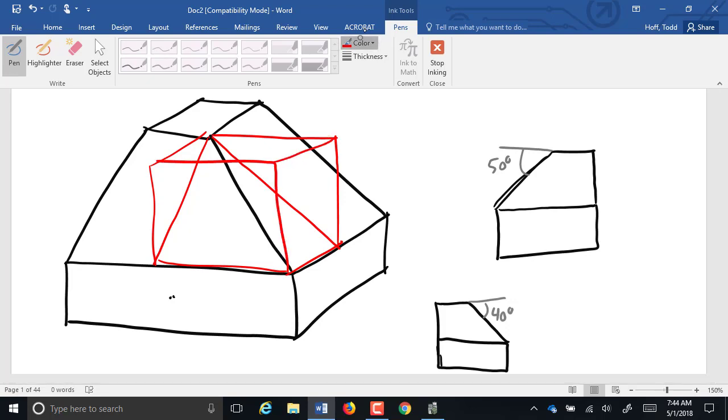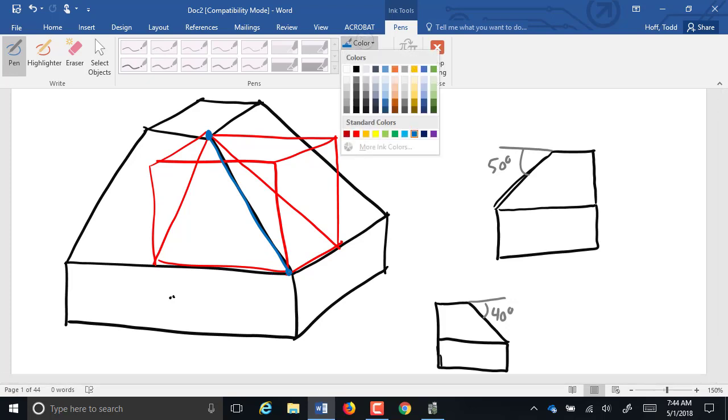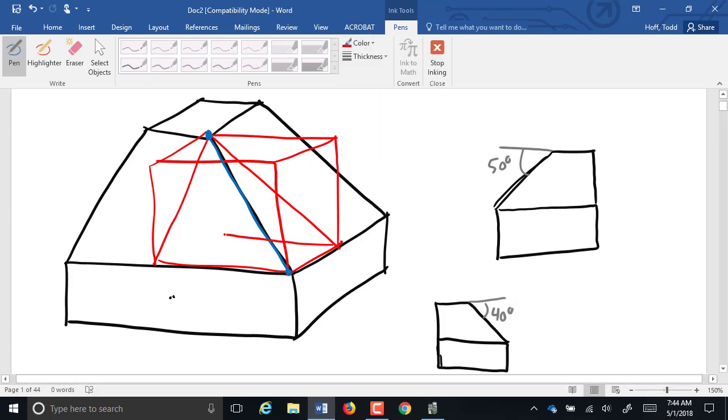If you guys can see it, we're running from that back corner up to the front corner. Here, I'll draw in this back little. That makes it look more obvious.